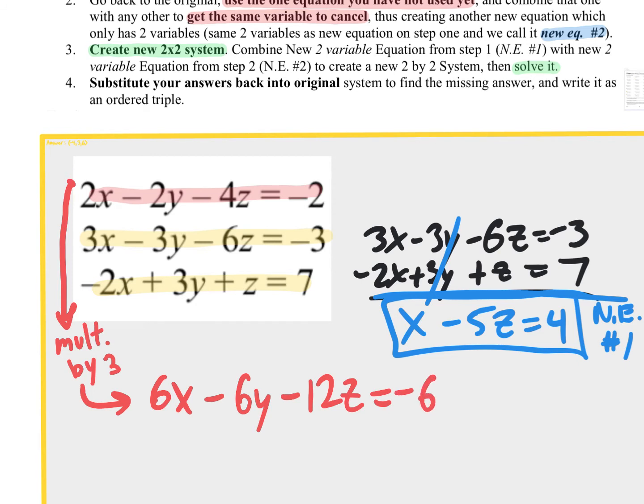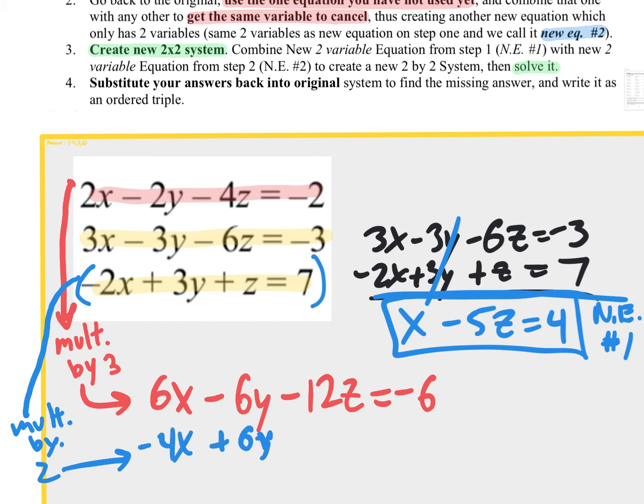Okay, and why did I do that? Because now I could go to my bottom one, this guy right here, and I want to draw an arrow going this way, and I want to put multiply by what? 2. By 2, okay? And when I multiply by 2, that bottom one, I will get negative 4x, I'll get positive 6y plus 2z equals 14.